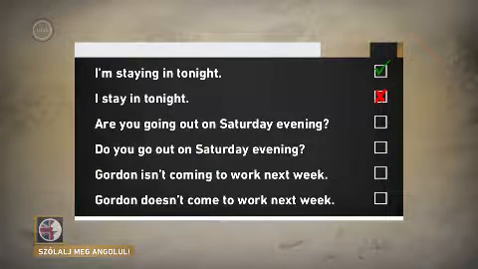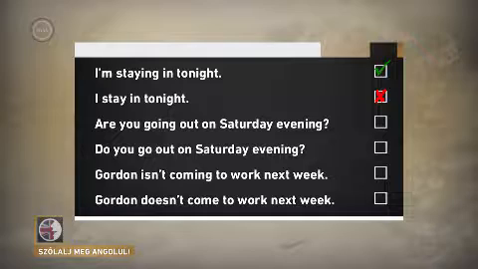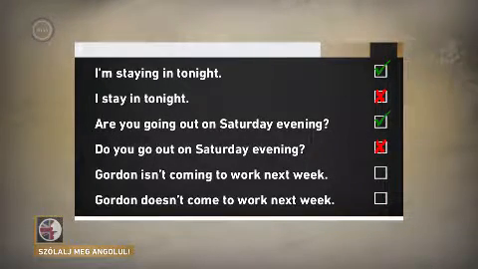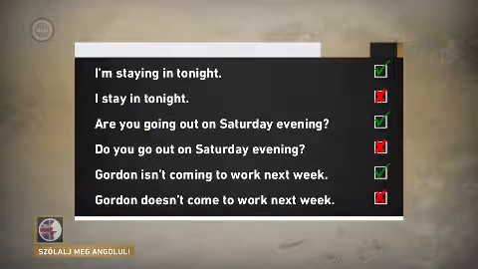Are you going out on Saturday evening? Do you go out on Saturday evening? Gordon isn't coming to work next week. Gordon doesn't come to work next week. So, we don't use the present simple to talk about people's plans and arrangements in the future.